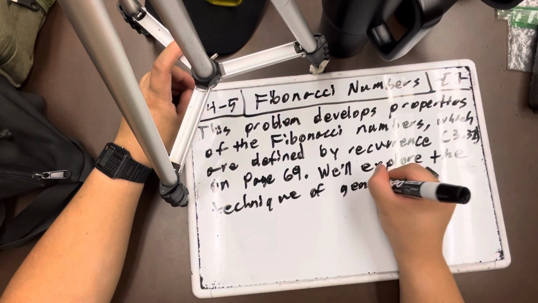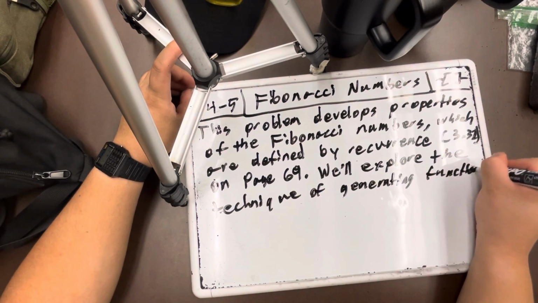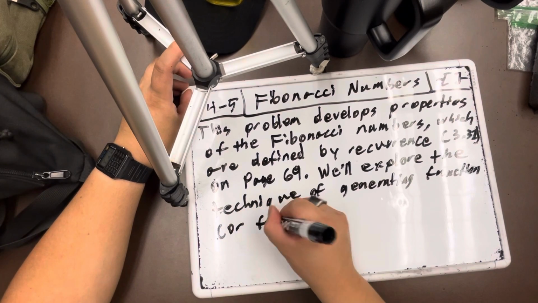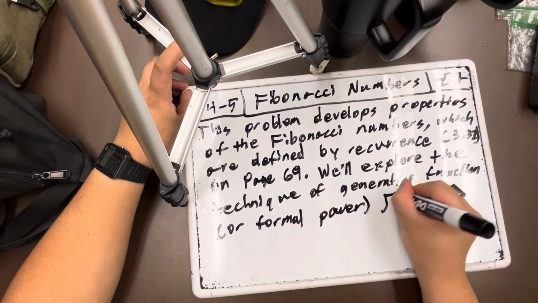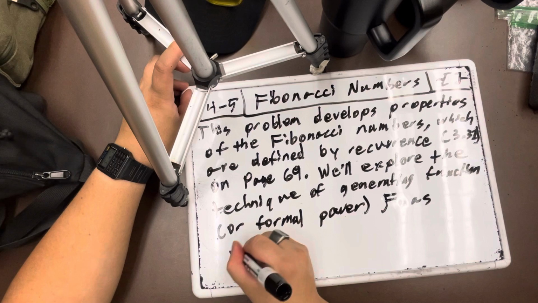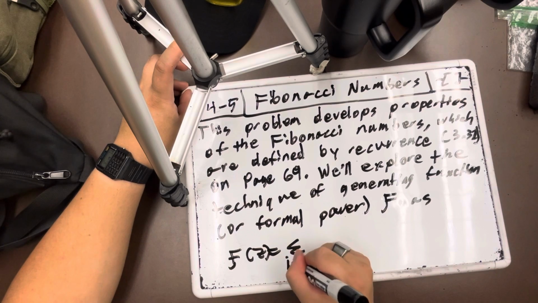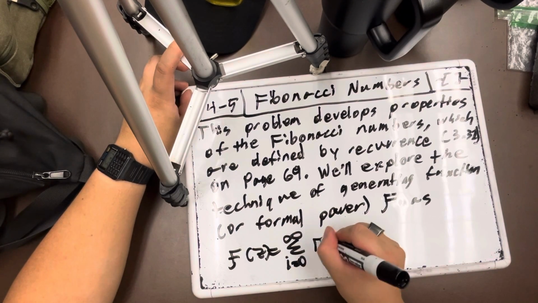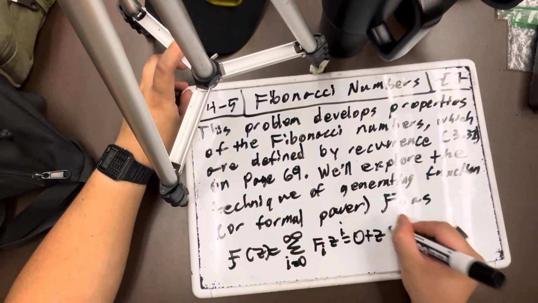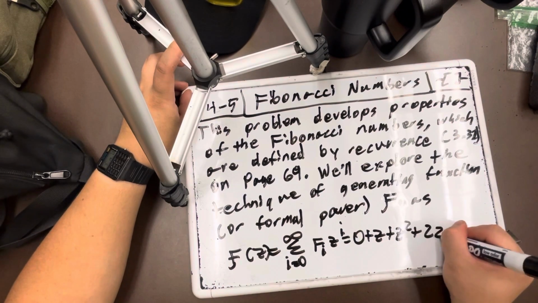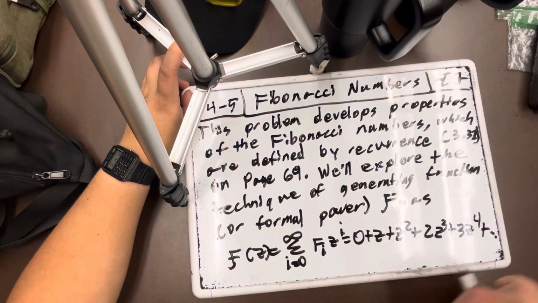of generating function or formal power series, which is interesting that this one uses script F, but that's fine, as script F of z is equal to the sum from i equals 0 to infinity of F sub i z to the power i, which is equal to 0 plus z squared plus 2z cubed plus 3z to the power 4 plus on and on and on.